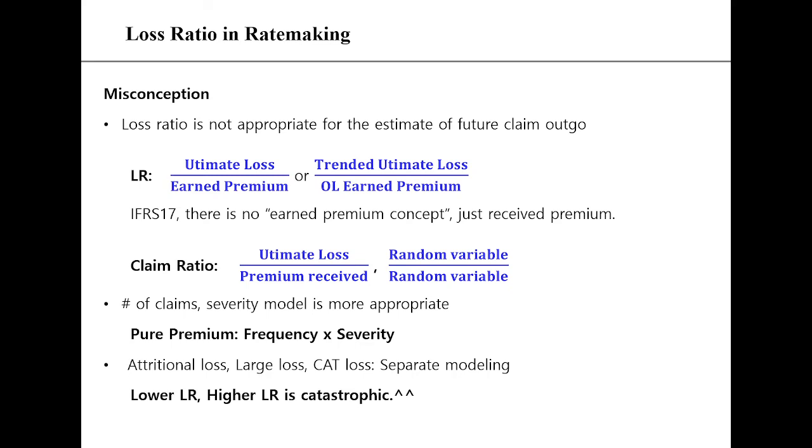Also, when we have all the claim outgo, we don't simulate one bucket. We separate attritional loss, large loss, and catastrophe losses, with separate modeling. And once I heard that for the attritional loss we use a lower loss ratio, and for large loss a higher loss ratio. This is catastrophic. It was very embarrassing.